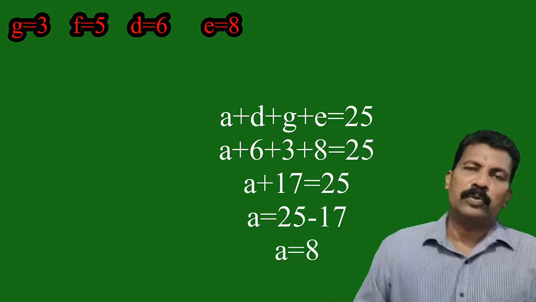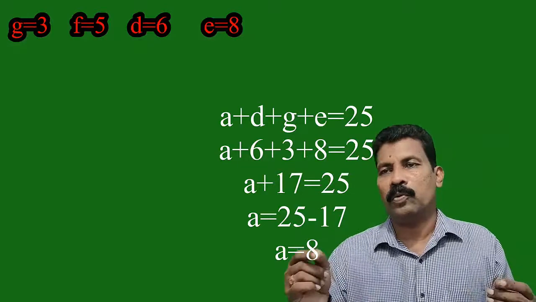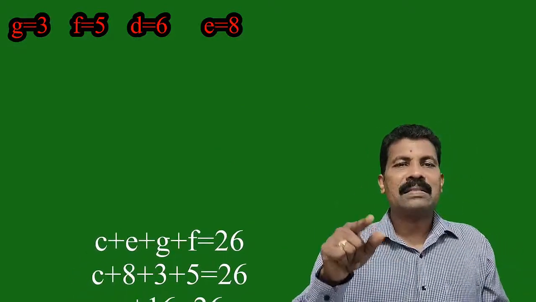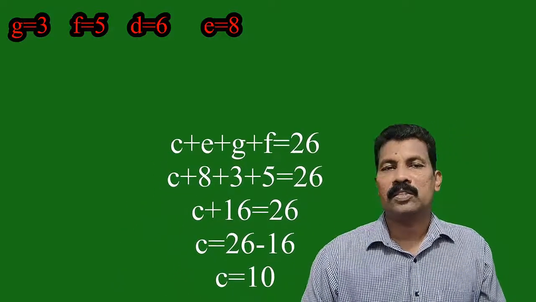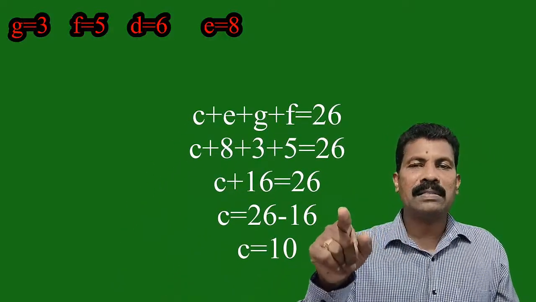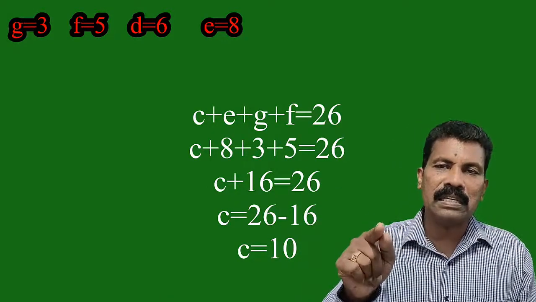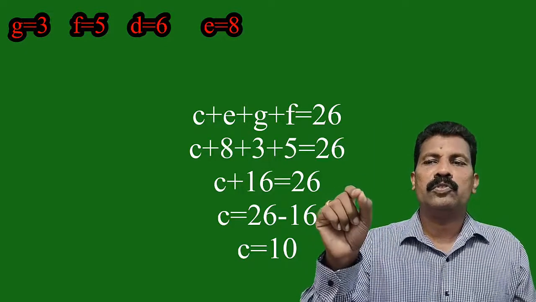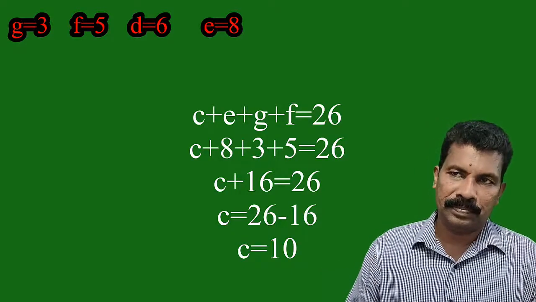So A is equal to 25 minus 17, that is equal to 8. Similarly, C plus E plus G plus F is equal to 26. So C plus 8 plus 3 plus 5 is equal to 26. That is C plus 16 is equal to 26. So C is equal to 26 minus 16, that is equal to 10.